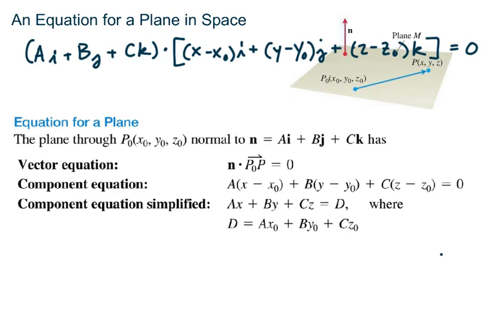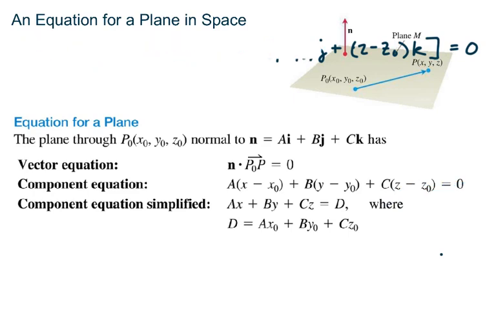And that leads us to this component equation with a little bit of simplification. I'm not going to prove that right now, and I'm sorry I drew over the picture. But setting up that dot product leads us to this component equation.